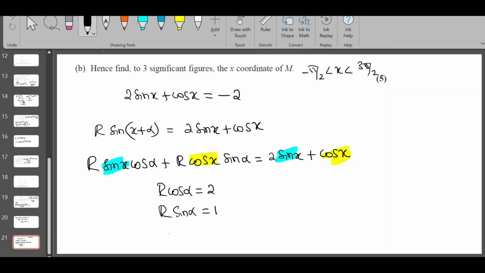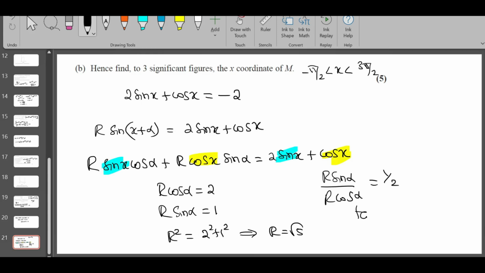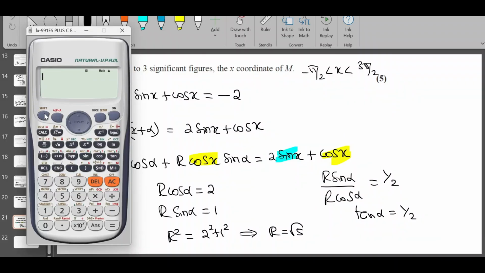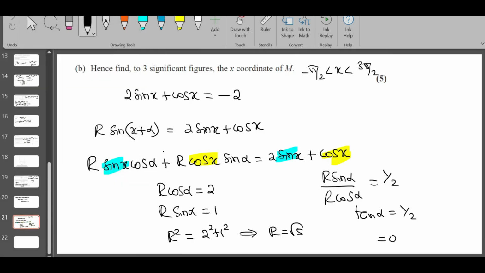So when you square and add them, r square cos square plus r square sine square, where cos square plus sine square is 1, is 2 square plus 1 square, which is 5. That gives us r is equal to square root of 5. If you divide them, r sine alpha over r cos alpha is 1 over 2, where r can be cancelled, so tan alpha is 1 over 2. So alpha is tan inverse of 1 over 2, which is 0.463 dot dot dot.